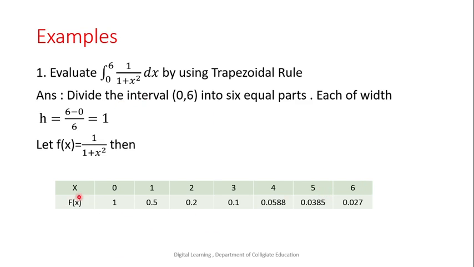Now find the corresponding f of x values. Here f of x can be taken as y of x. Therefore for x0 we get the y0 value, for x1 the y1 value, like that y2, y3, y4, y5 and y6.